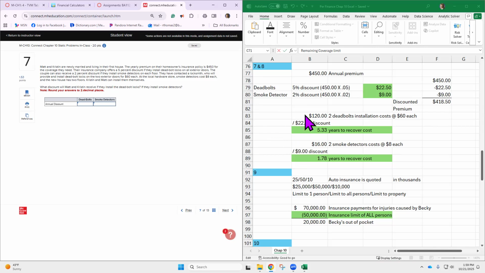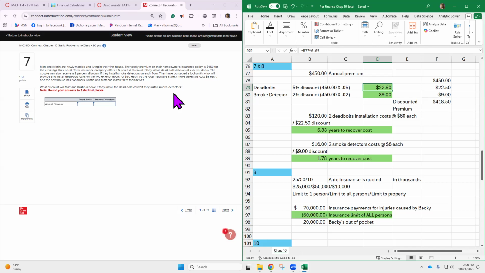Okay, so the deadbolts, 5% discount. Okay, 5% of the annual premium.